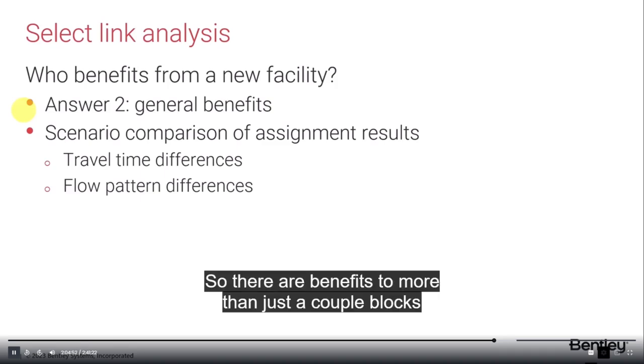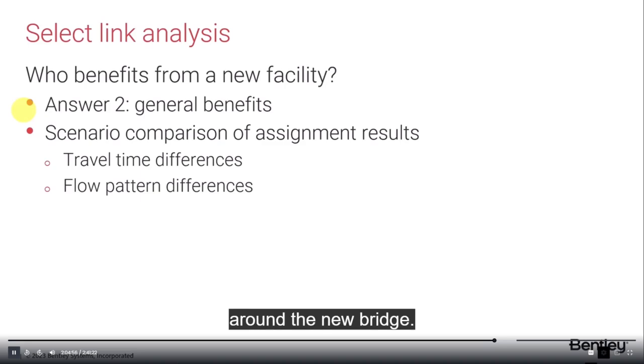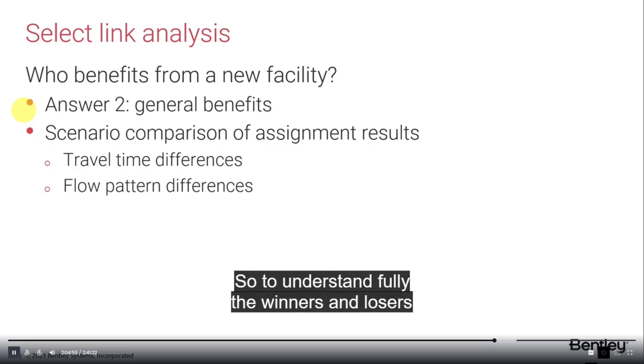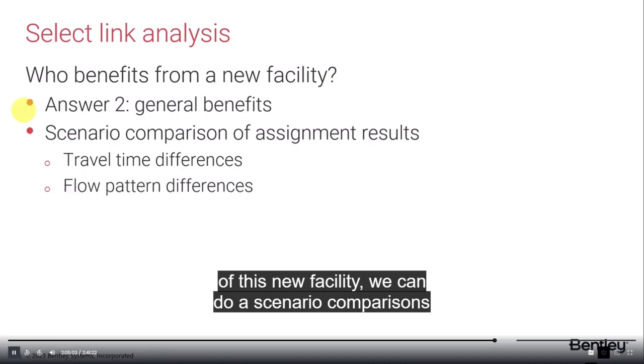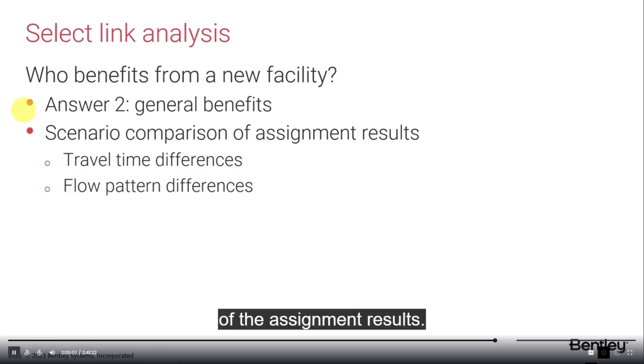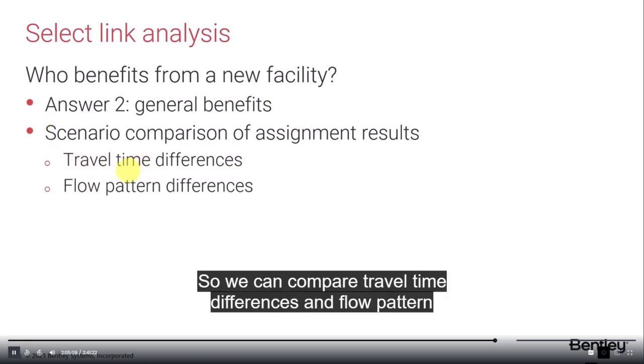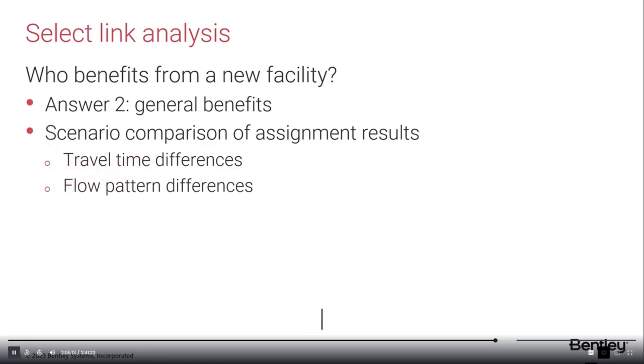So there are benefits to more than just a couple blocks around the new bridge. So to understand fully the winners and losers of this new facility, we can do scenario comparisons of the assignment results. So we can compare travel time differences and flow pattern differences.